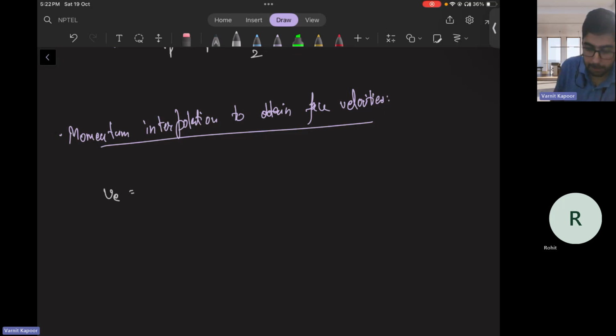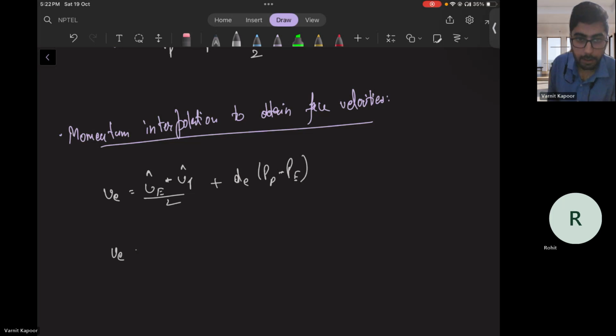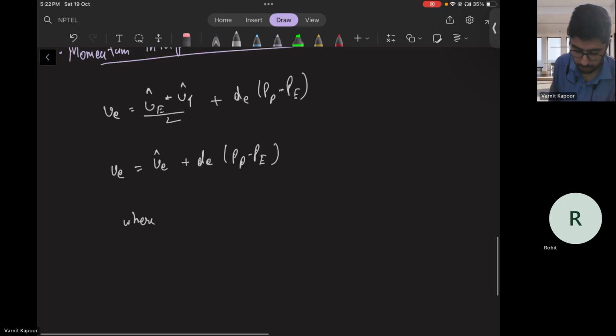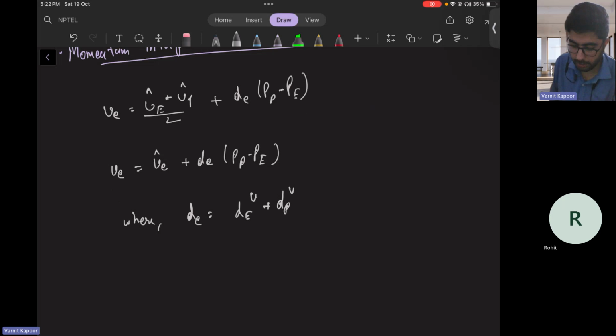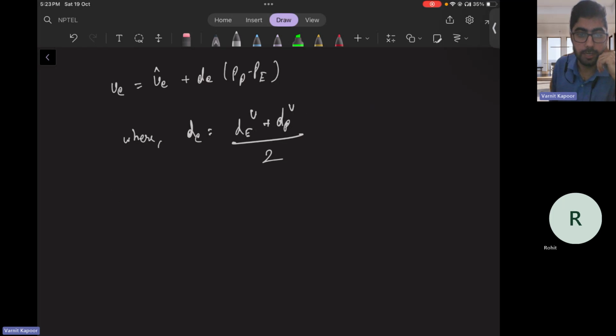U east face can be written as UE hat plus UP hat by 2, by the momentum interpolation we are doing, plus DE into (PP minus PE), where DE is DE at U plus DP at U by 2. And similarly U west can be written like this.